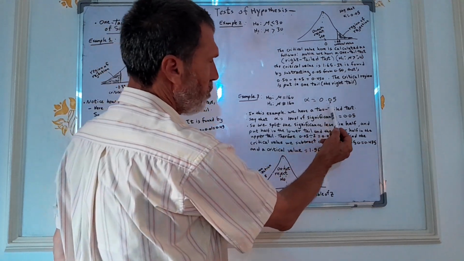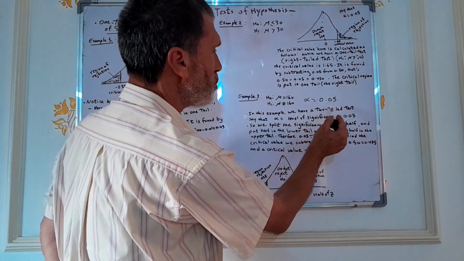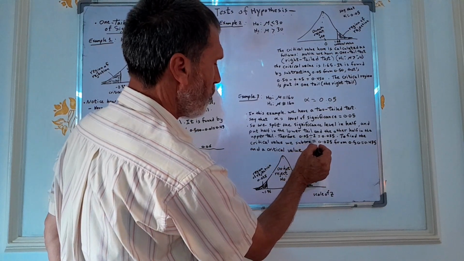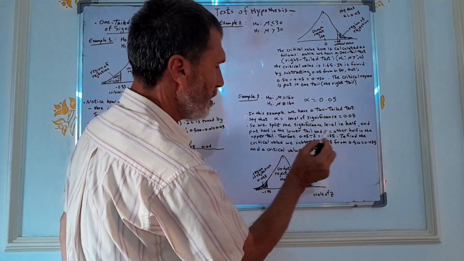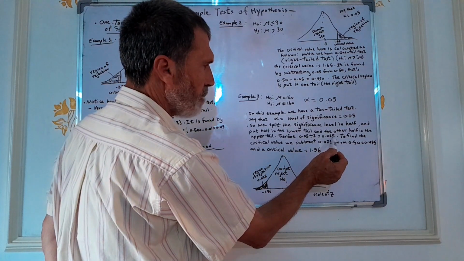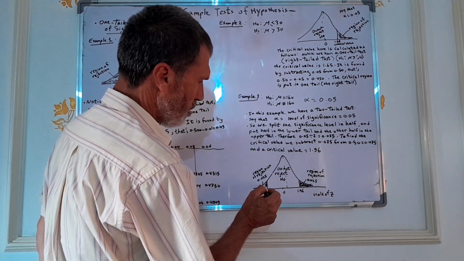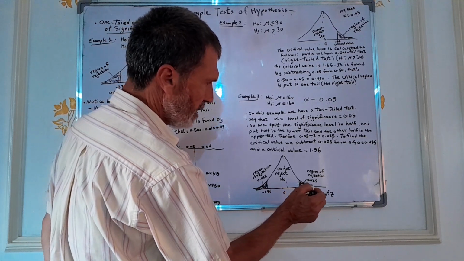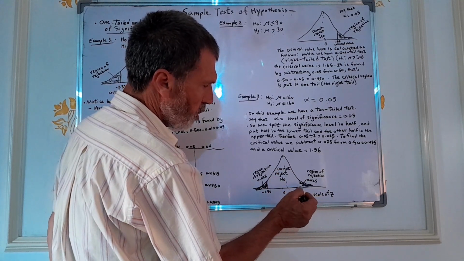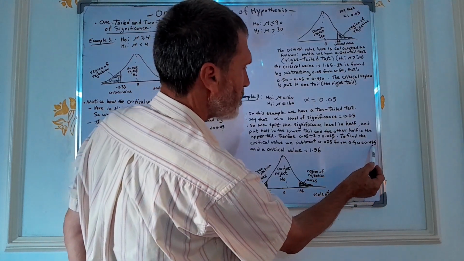So first of all, we divide 0.05 over 2, we split it into 2, and we come up with 0.025. Then to find the critical value, since 0.025 is located in the upper half, we say 0.5 minus 0.025, and we come up with 0.475.